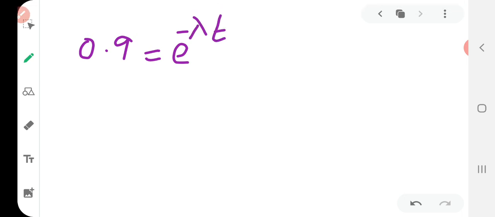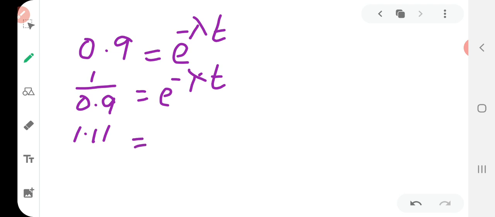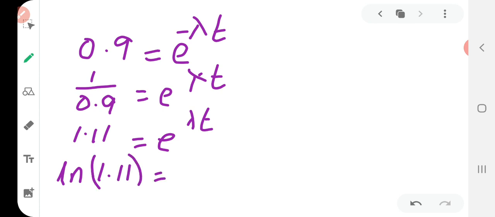So inverting, we get 1 by 0.9 is equal to e raised to lambda t. 1 by 0.9 is equal to 1.11, that is equal to e raised to lambda t. So we have inverted here, so this minus sign is not there, and taking logarithm on both sides, ln 1.11 is equal to lambda t.